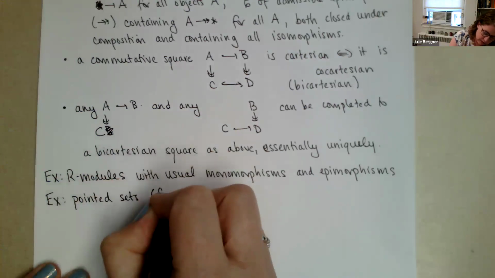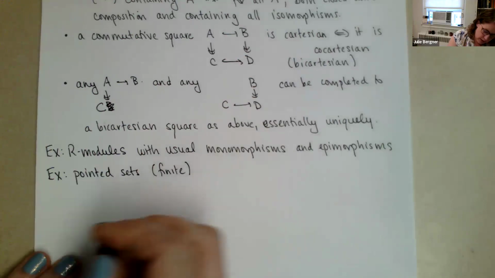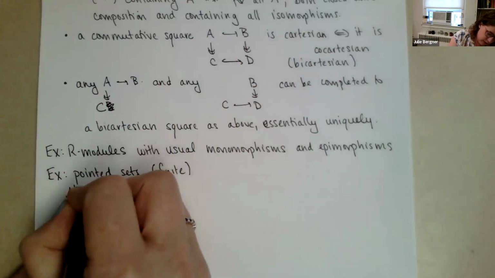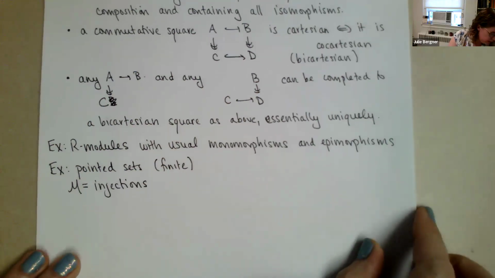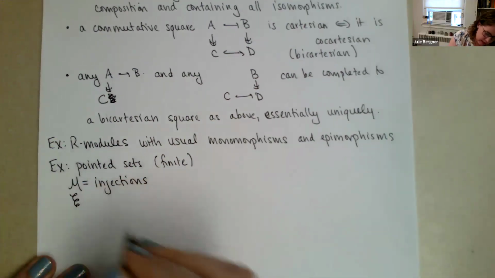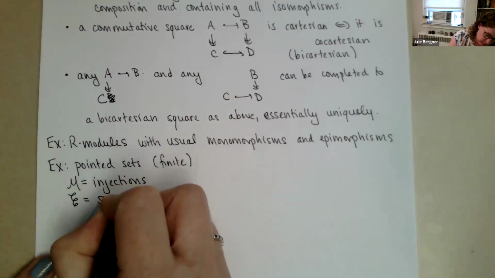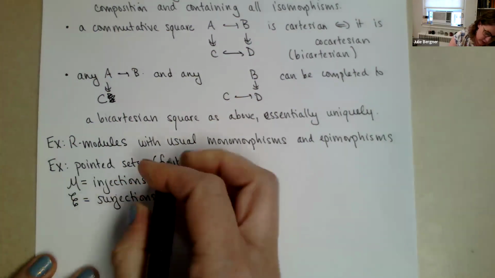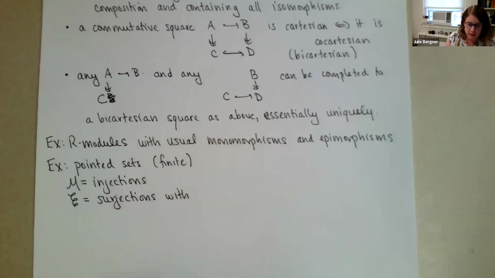You can take M to be just the injections. And then E, you might say surjections, but we need a little qualifier here: surjections where the pre-image of everything that's not the base point is a single point.